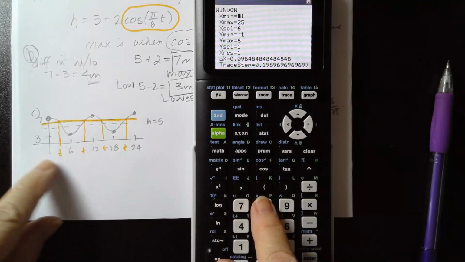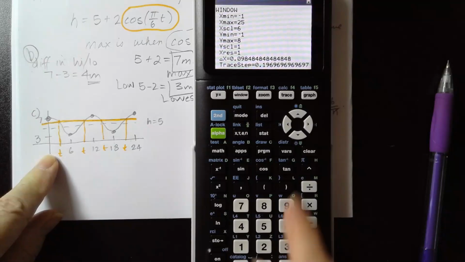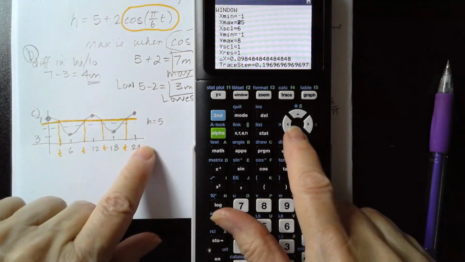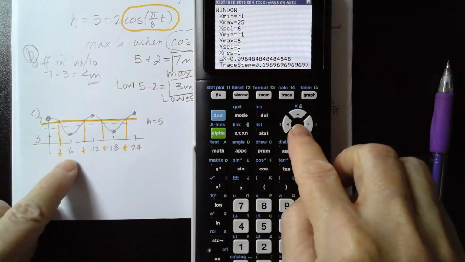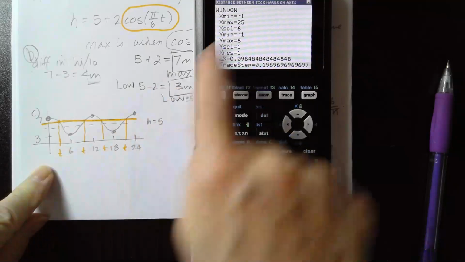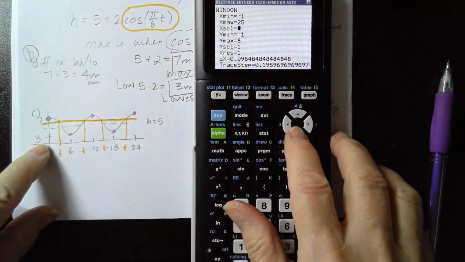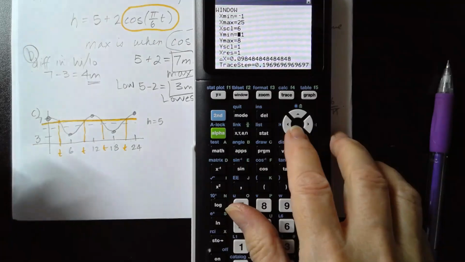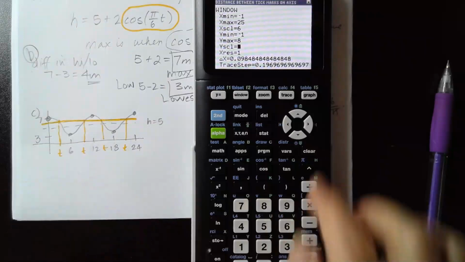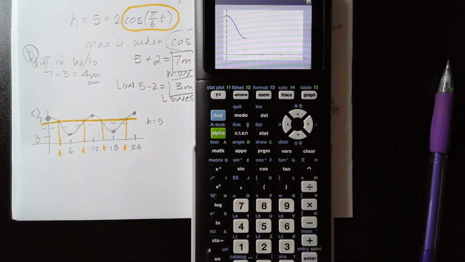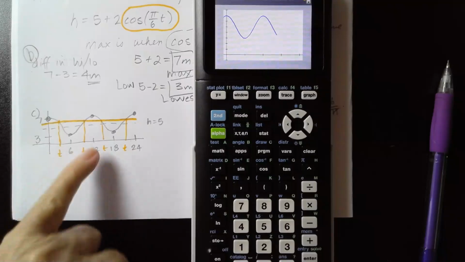I'm sorry, x min will be -1. That's fine. I'll go up to 25. That's fine. And that scale, remember we were saying we should put in that first number. 6 is good. And the y min, just so I can see the x-axis, I'll put that in. And I'll go up to 8. That looks good. I must have graphed this already before I had it with you. So I can see my function there, so that's really good.